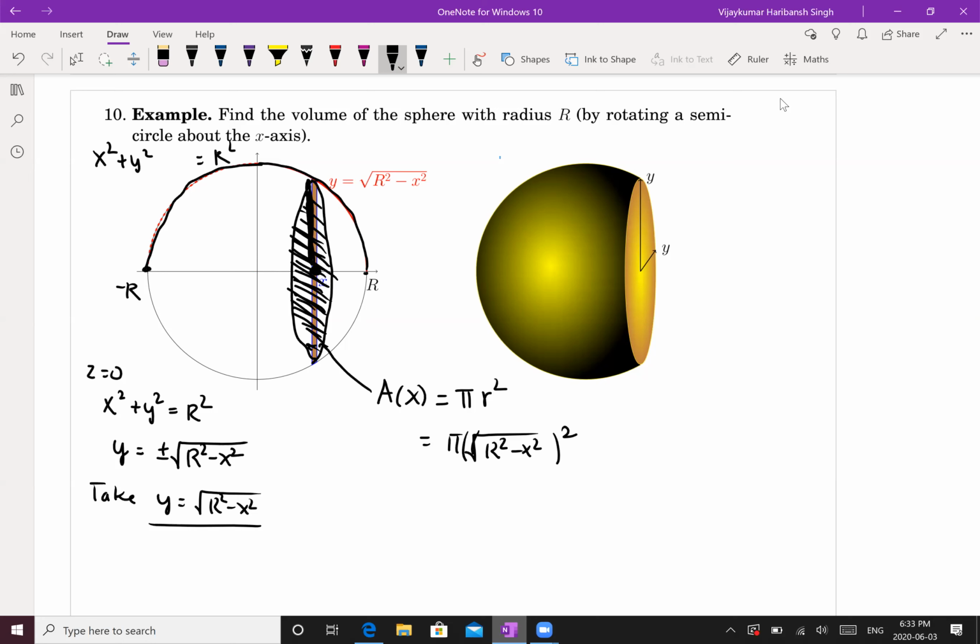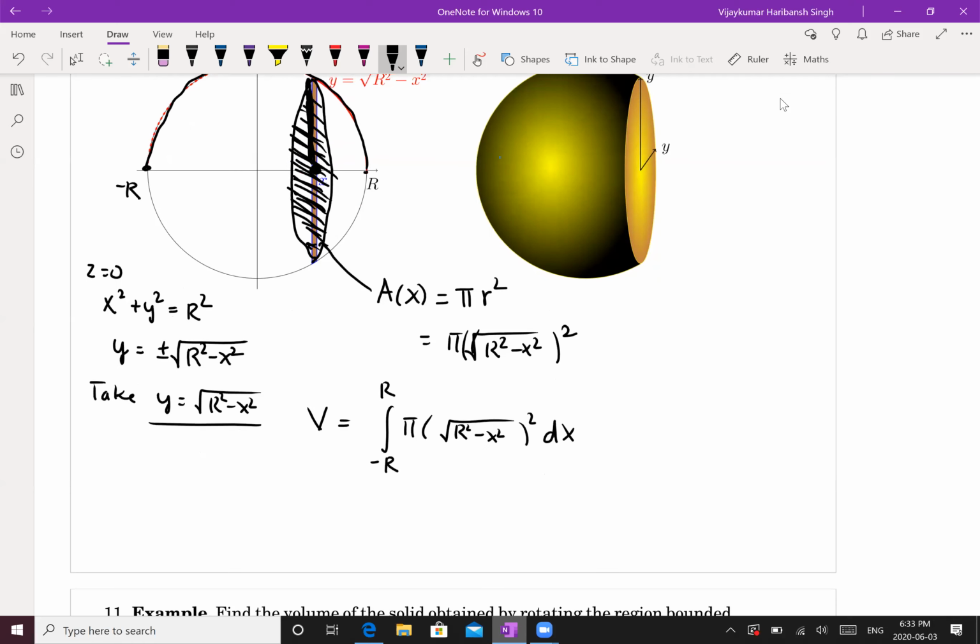Now you integrate it all from minus r to r to get the volume. So volume is going to be integral from minus r to r of pi times square root of r square minus x square, the whole square, dx.